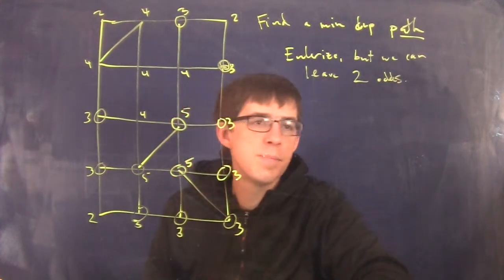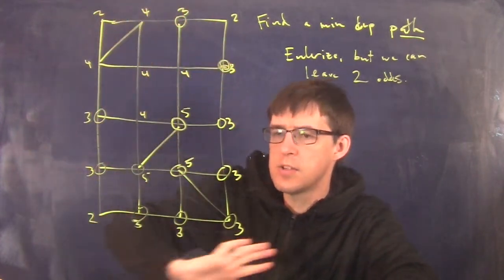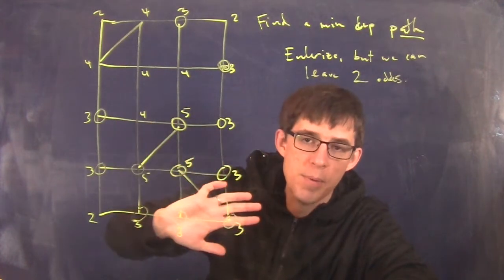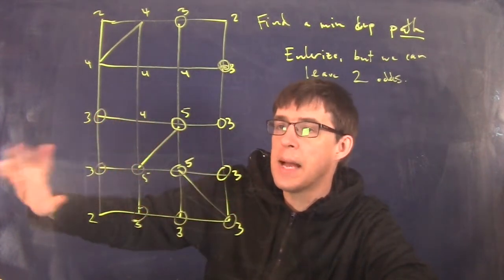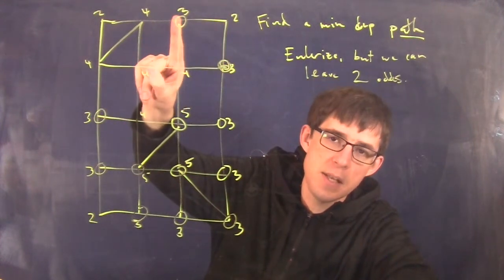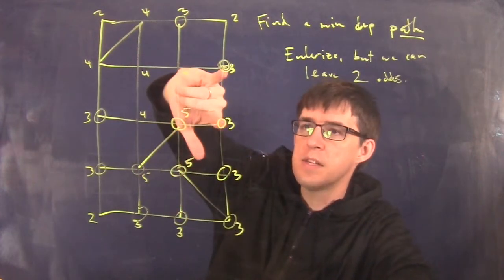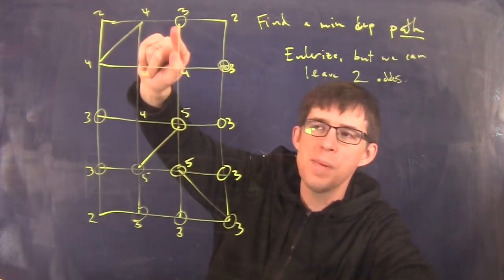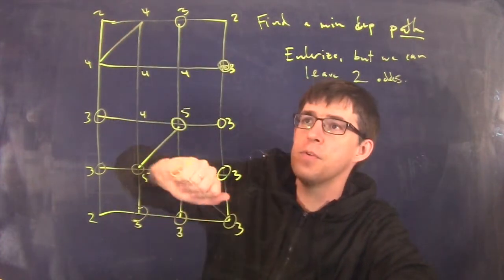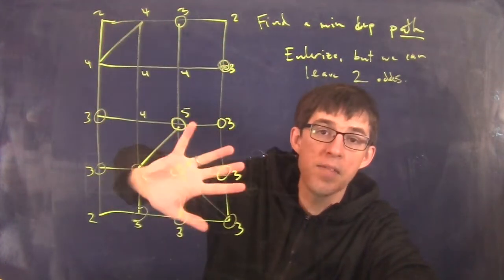So when you look at this, ask yourself which 2 you want to leave as odd, and then try to pair up all the other ones. Actually, I am immediately drawn to these 2 here. They cannot be easily paired up because they're not next to each other. This one is next to that one, so you could pair this one with that one, but then this one would be stuck. So my idea is to leave these 2 as odd, and then pair everything else up.